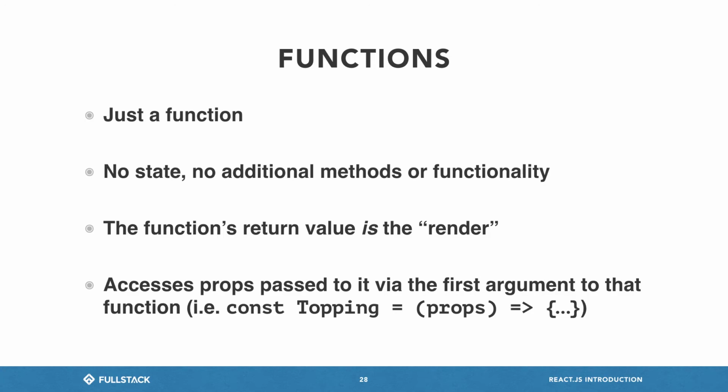The return value is the render. So the return value of a functional component is exactly the same as the render method inside of a class. The class just has extra stuff in it, extra functionality. It can access props passed to it via the first argument to that function. No matter what we call it, we might not even call it props, whatever that argument is, that will be the props object.